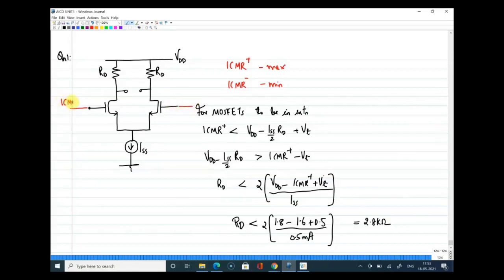On the input side, right? So ICMR plus is the maximum DC value that can be applied at the input. Is that okay? Yes, I understood, thanks.